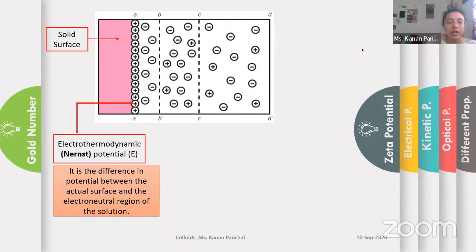So when you measure a potential difference between the Stern layer and the electrically neutral layer, that is, the potential difference between the actual surface, the Stern layer, and the electrically neutral region, matlab A to A region and D to D region, iska potential difference jab you measure, that potential difference is going to be the Nernst potential or electrothermodynamic potential.